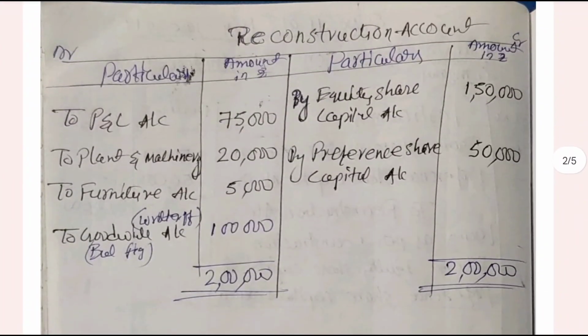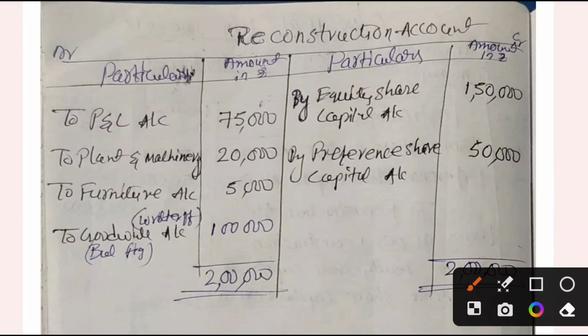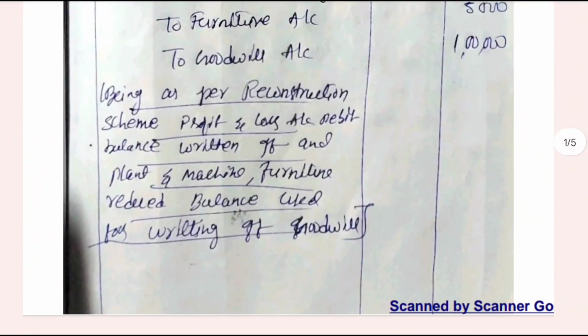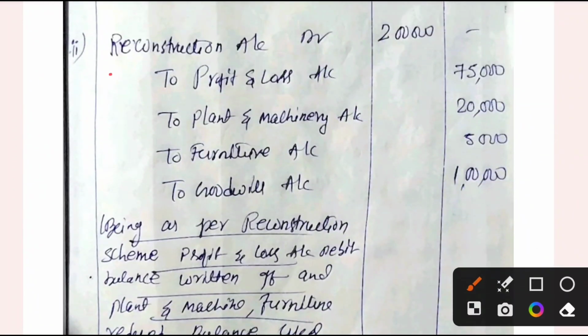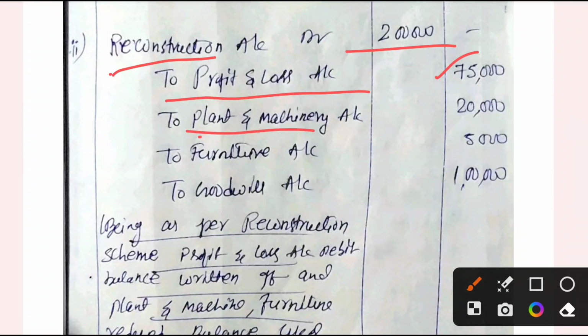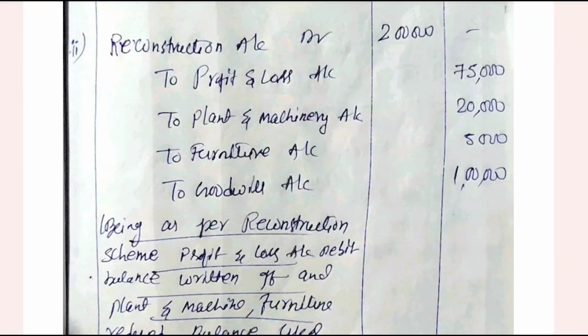See here, in the reconstruction account, by equity share capital 1,50,000, by preference share capital 50,000 we are writing. And see the next general entry. In the second general entry, it is reconstruction account debit to profit and loss account 75,000, to plant and machinery 20,000, to furniture 5,000, to goodwill 1 lakh with the balancing figure.